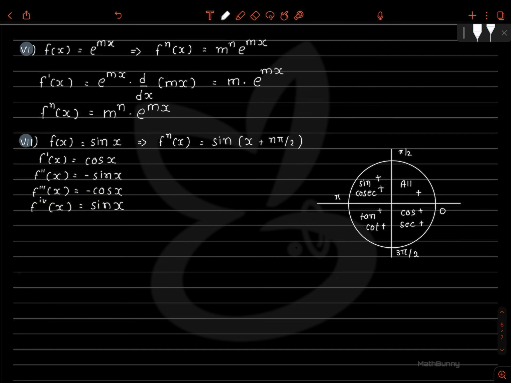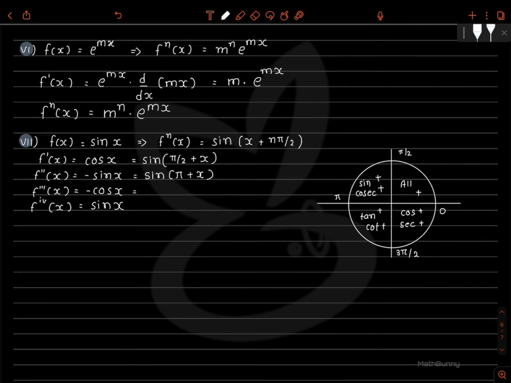Okay, let us understand it like this. This cos x is nothing but sin (pi by 2 plus x). This minus sin x is nothing but sin (pi plus x).